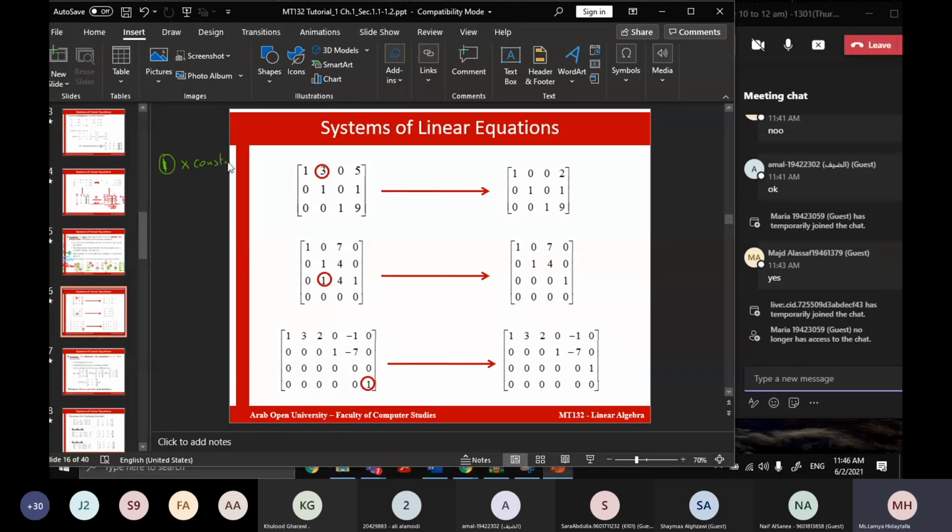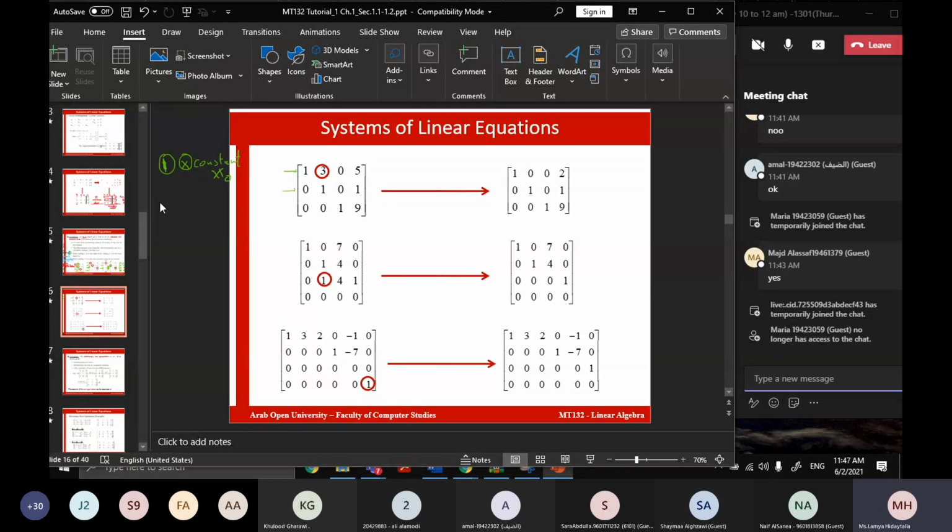This constant should not equal 0, any non-zero number. Okay, this is one of the allowed operations. You can multiply any row by a number.